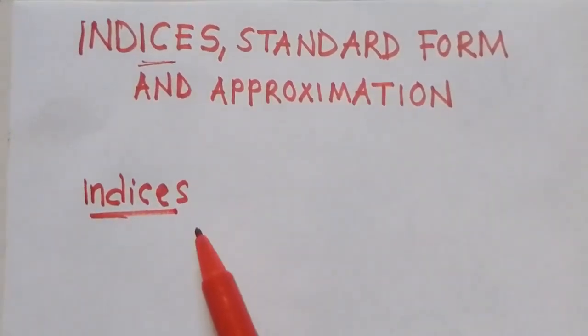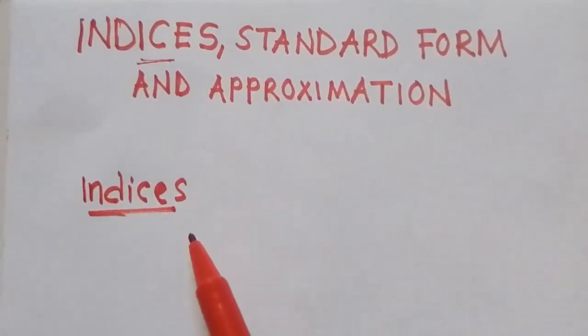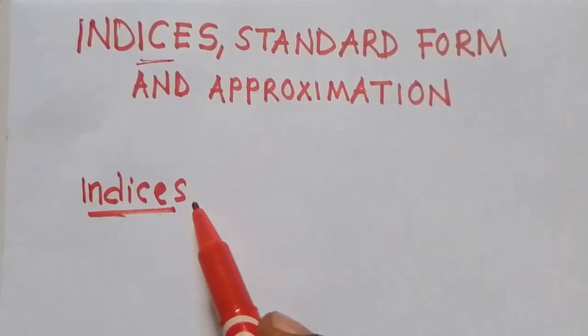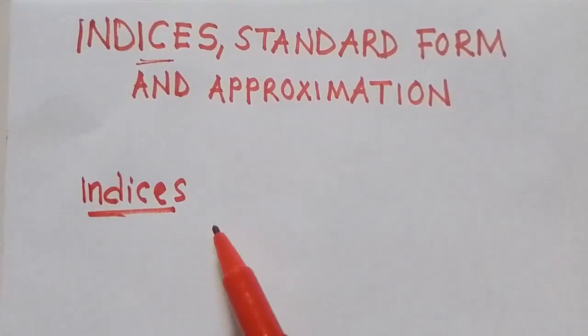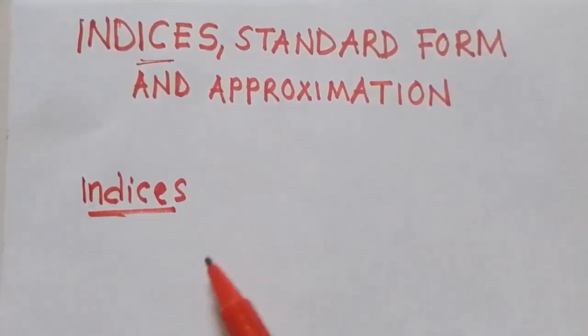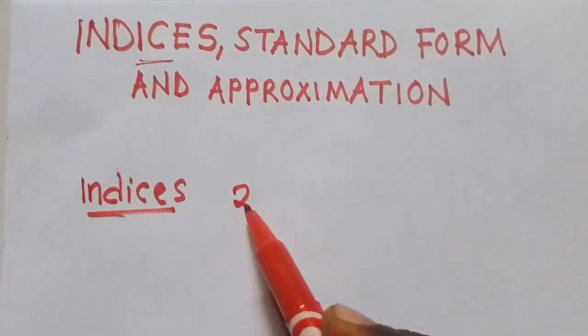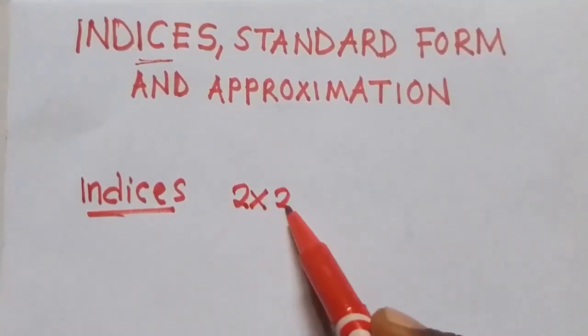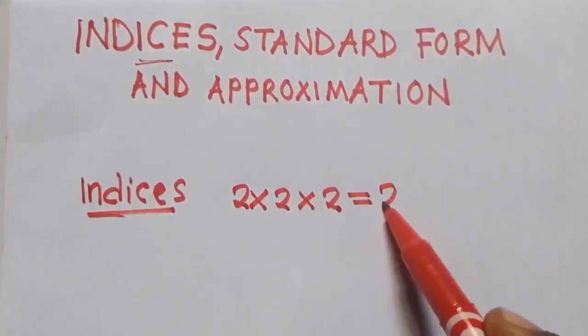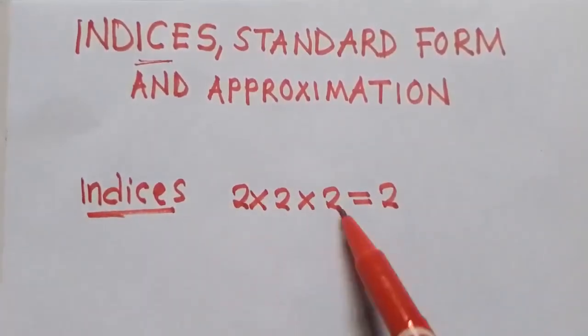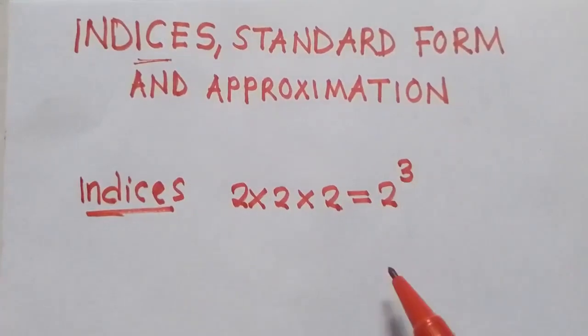So whenever you are talking about an index, so indices, we just talk about how many times a number is being multiplied by itself. So when you've got numbers like 2 times 2 times 2, this is just the same as 2 to the power 3.